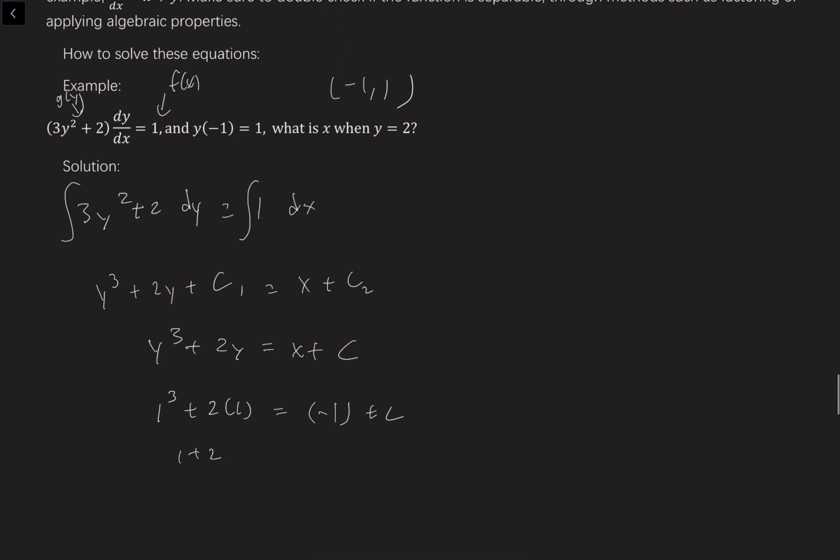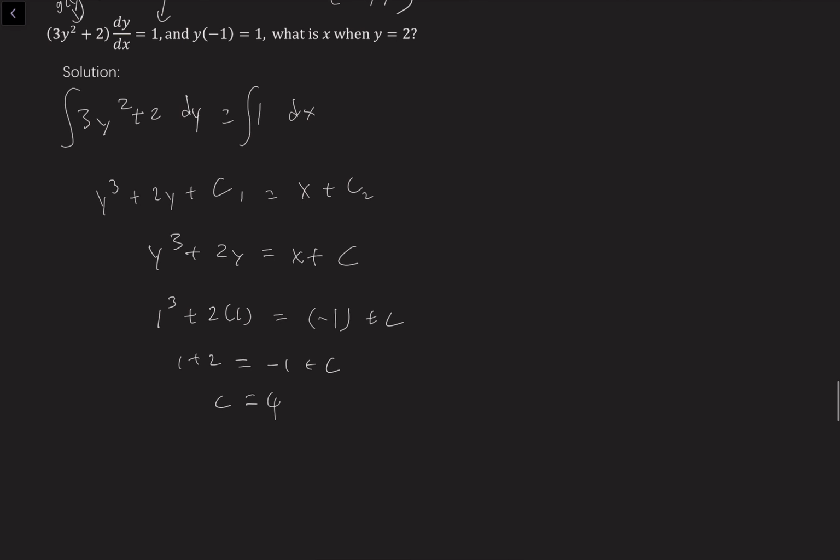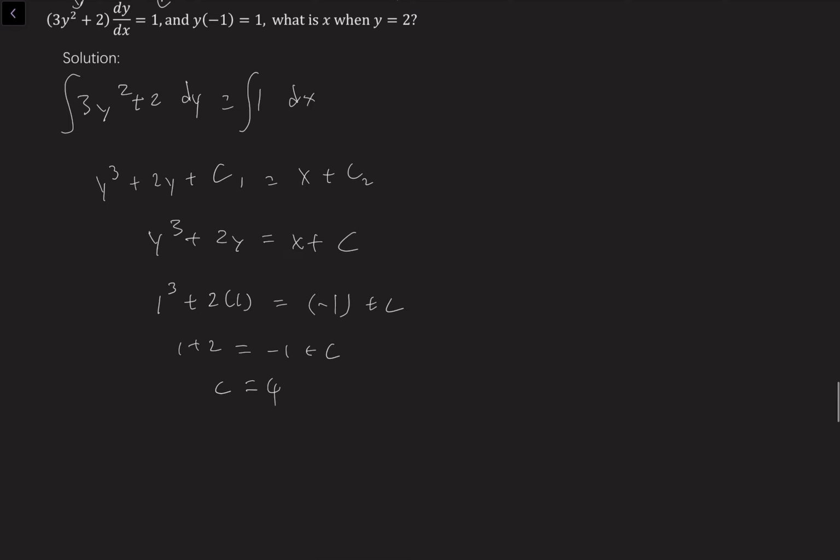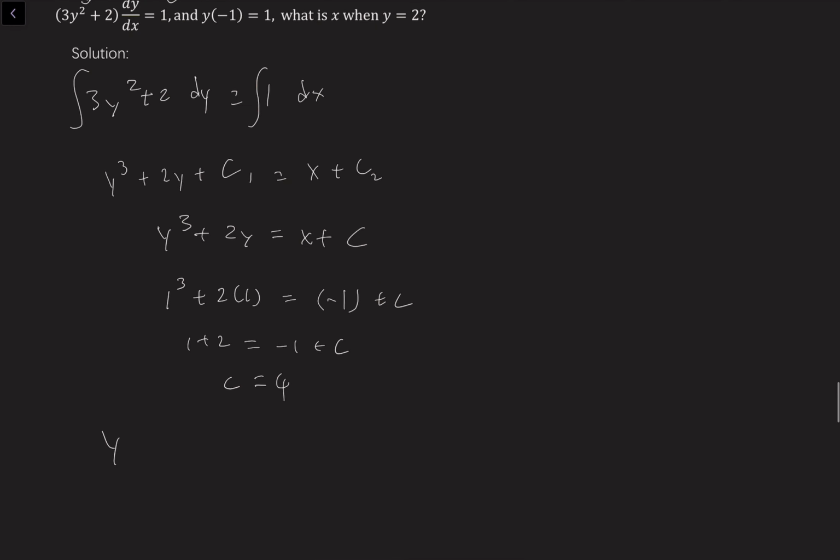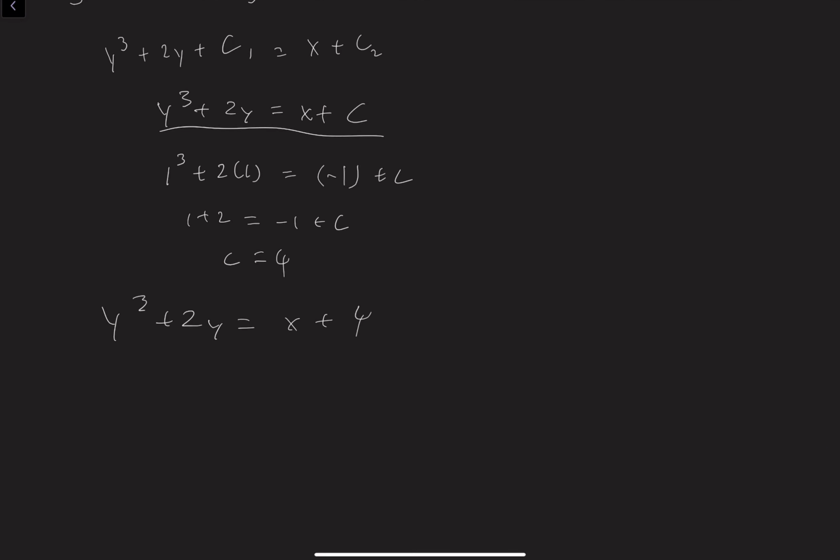So 1 plus 2 equal to -1 plus c, so c equal to 4. Okay, so we can write the solution for this differential equation: y cubed plus 2y equal to x plus 4.